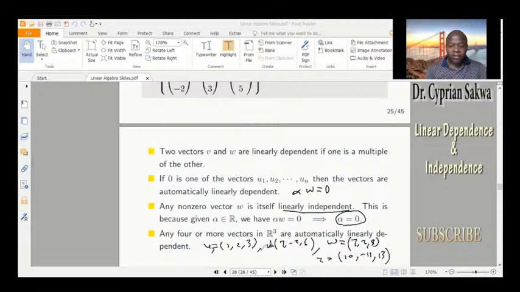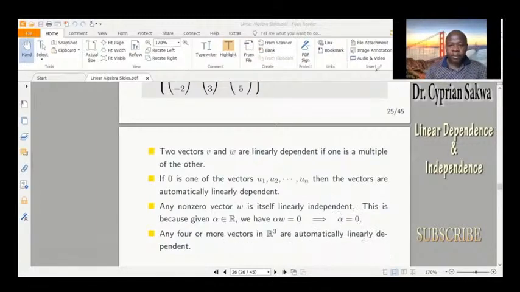Now these are 4 vectors, and each one of them is in R3. So since they are more than 3, they are automatically linearly dependent. That is how we look at linear dependence and linear independence of vectors.